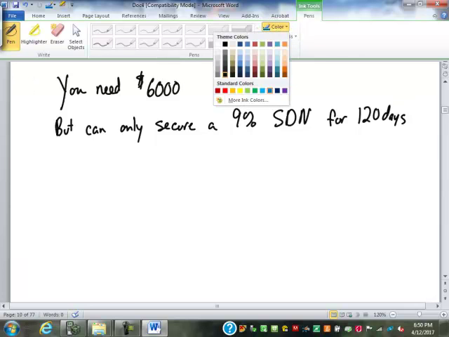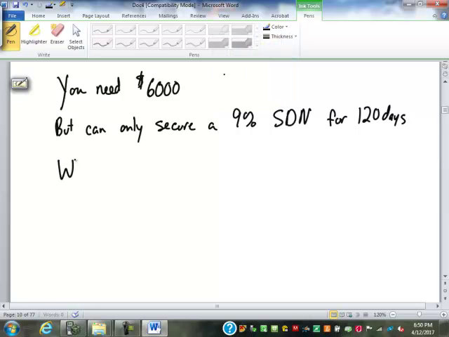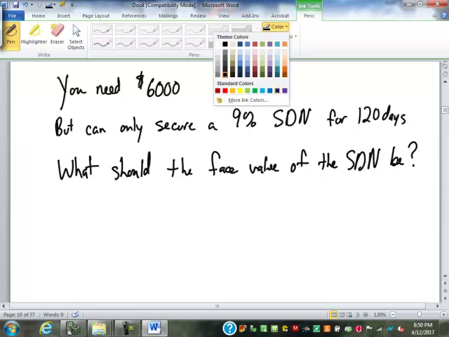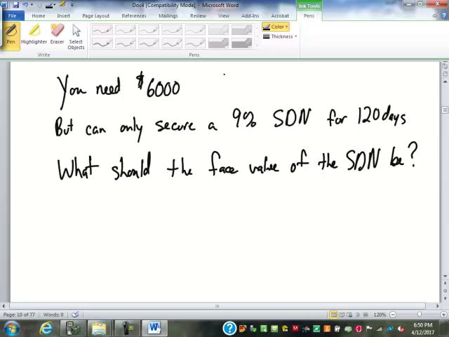So the question is, what should the face value of that simple discount note be? In other words, how much do you have to borrow on a simple discount note at 9% for 120 days so that you can actually get the $6,000?